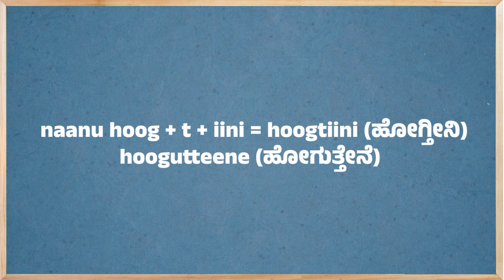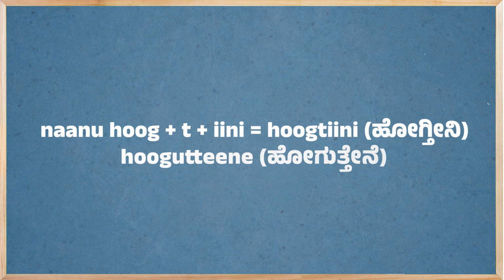Nanu hog plus tha plus ini becomes hogtini or hoguttene, which means I will go. Here, nanu means I, hog means go, the verb root, tha non-past tense marker, ini first person singular ending.